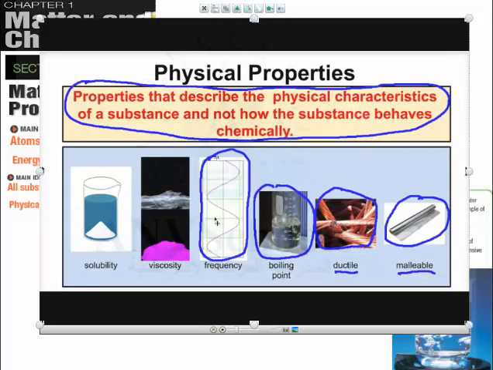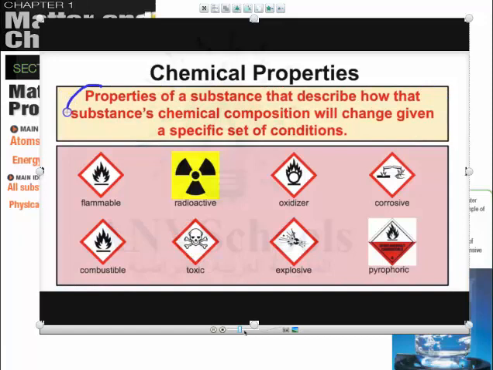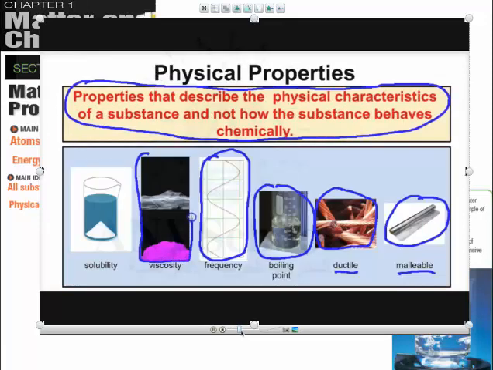Here you can also look at frequency and viscosity, how the liquid flows. All these are just physical properties that you are looking at.